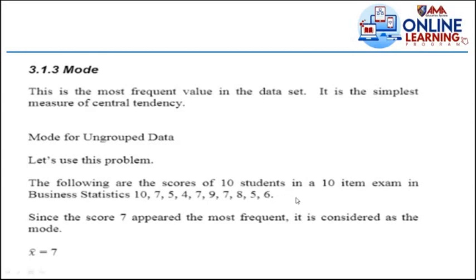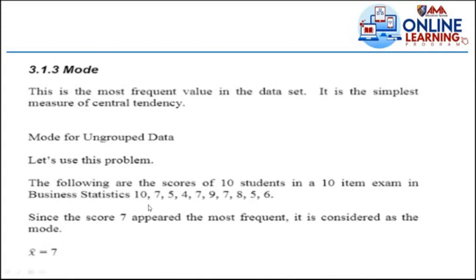We get the mean. For the median, we arrange first, then get the middle score using the formula n plus 1 divided by 2. Since this score, 7, appeared the most frequently, it is considered the mode.